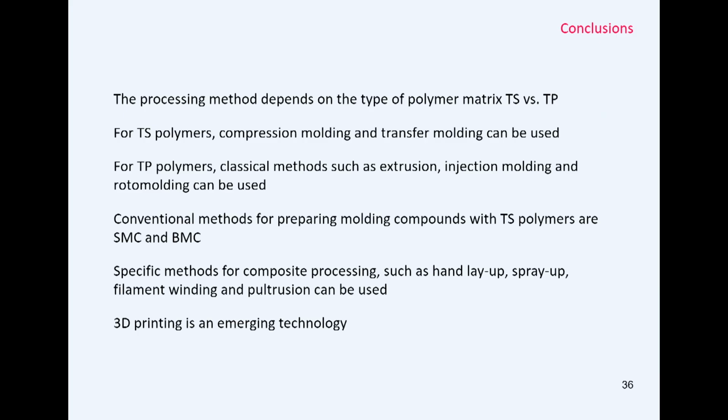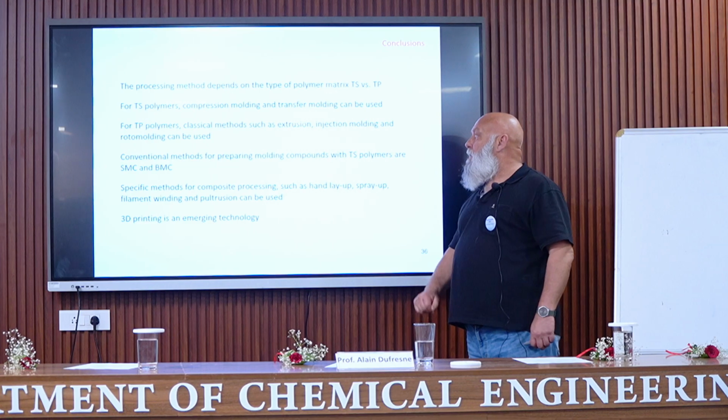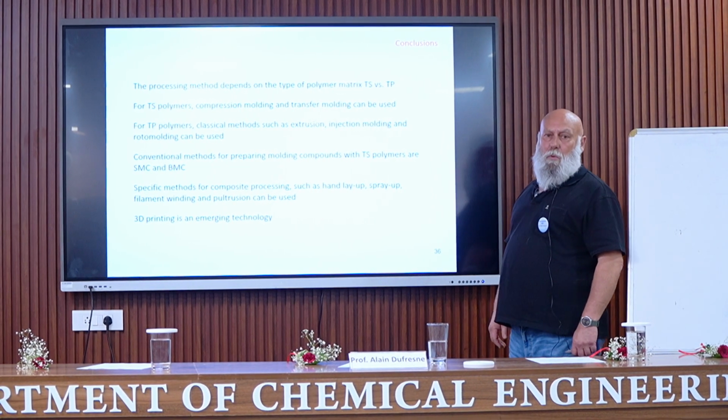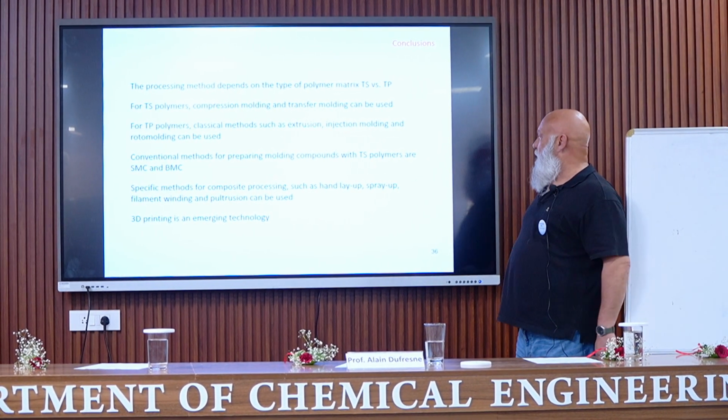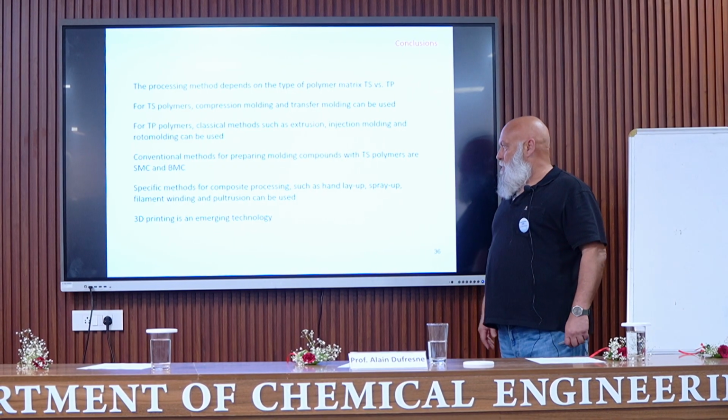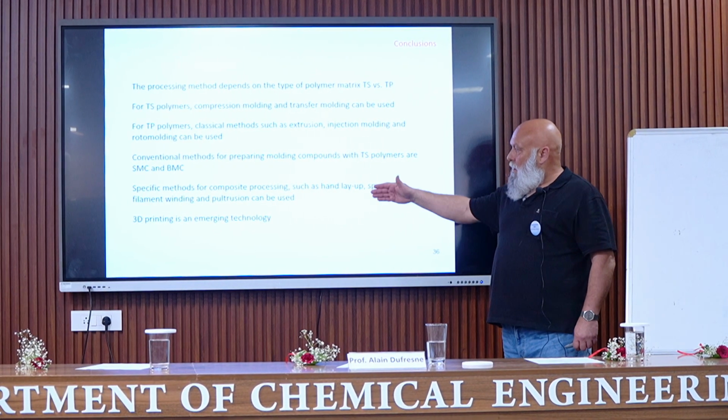The conventional methods for preparing molding compounds with thermoset polymers are sheet molding compound and bulk molding compound. And specific methods for composite processing that I briefly mentioned at the end of my presentation can be used. And 3D printing is probably an emerging technology.